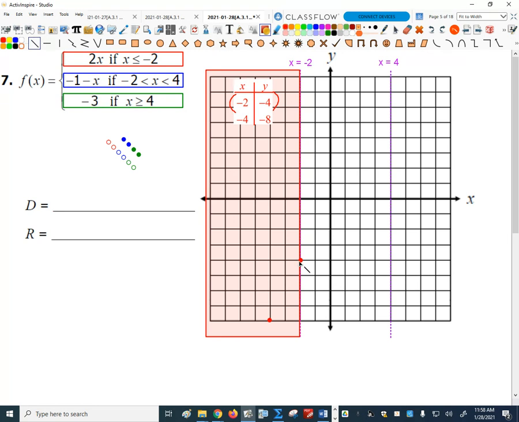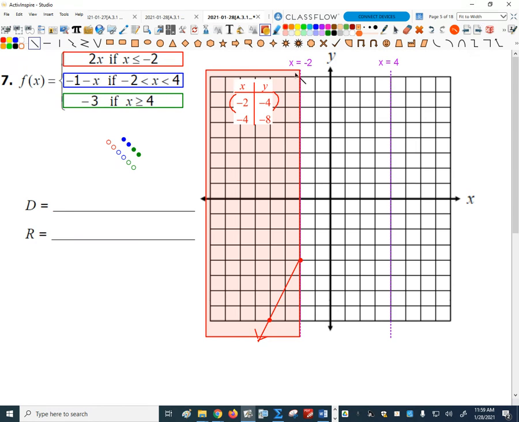Okay, and there we go. I'm going to start at my endpoint and just go through the other point to create my ray. And there it is, right? There's my ray. Give it an arrow because it goes forever to the left. Okay? All right, let's move on to the next region then.